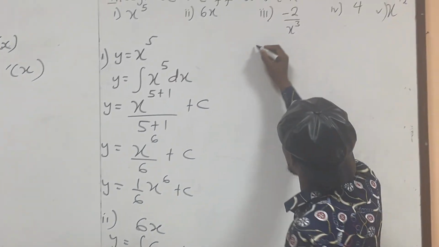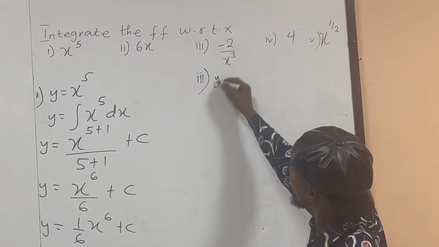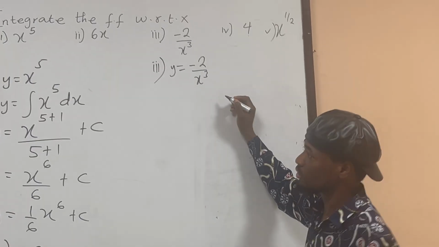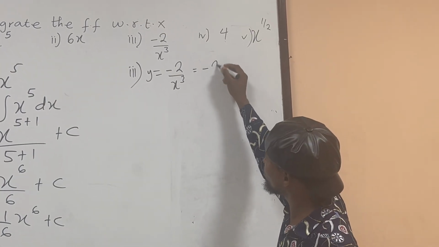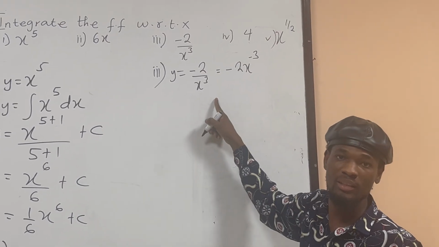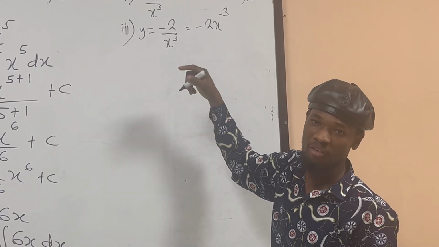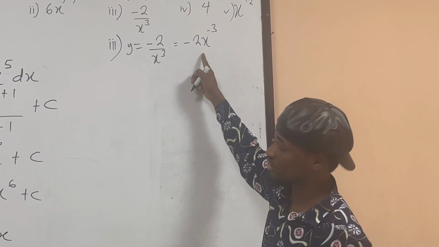Then I have y is equal to negative 2 over s cubed. This is the same as negative 2 times s to the power negative 3, according to the law of indices. When you have a fractional index, it becomes this way.